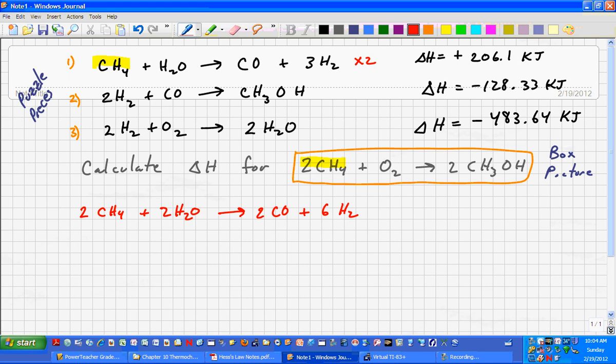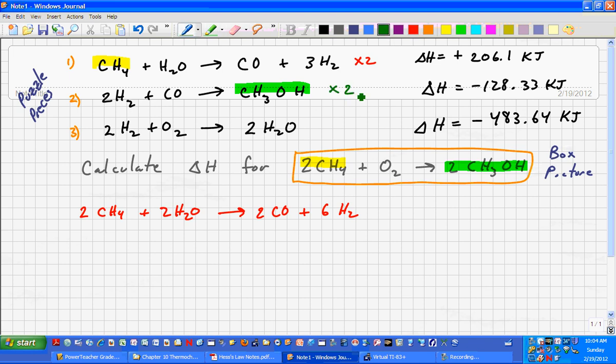The next thing I'm going to do is try to find another puzzle piece that fits, and I'm looking around and I see CH3OH here, and I see this here. Again, it's a match, it's a close match. I've got 2 here, I've only got 1 here, so again I'm going to double this equation.